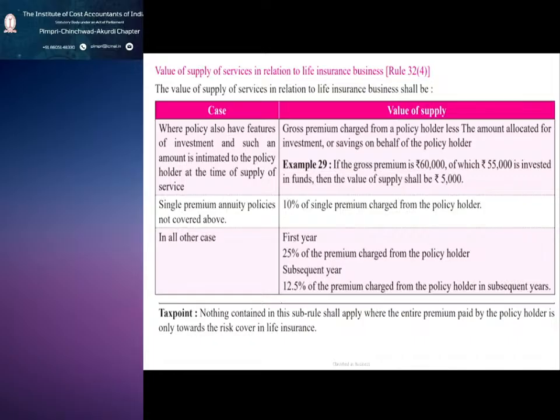Yes, the page number is 133. So you may refer to study material page number 133.